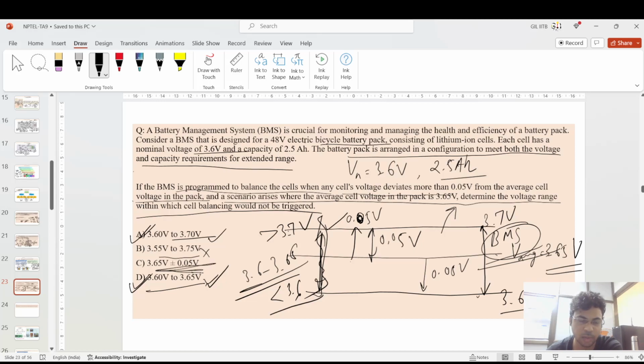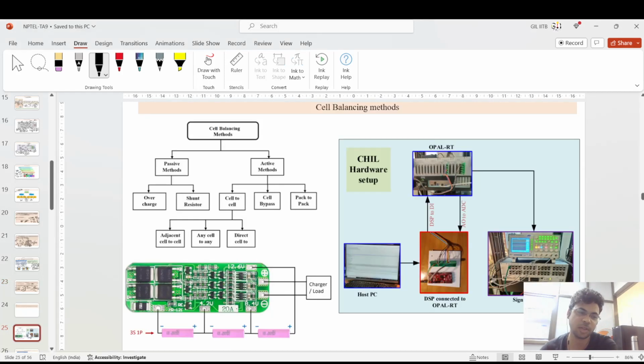And this can also be correct, that is the plus minus 0.05, so it will not be triggered. So the A, C, D options are also correct. Yes, it is confusing. I think the question is not framed that well at the conceptual level.